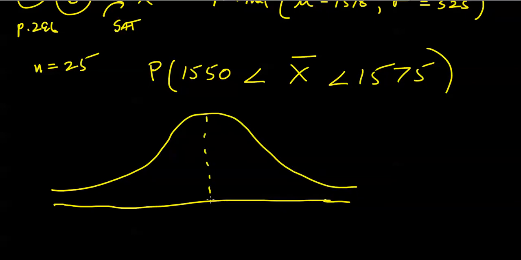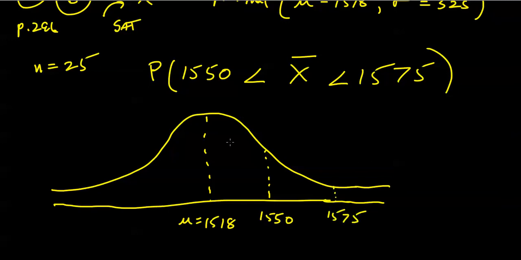If the mean is 1518, they want the probability of being between 1550, and notice both of these values are above the mean, and 1575.